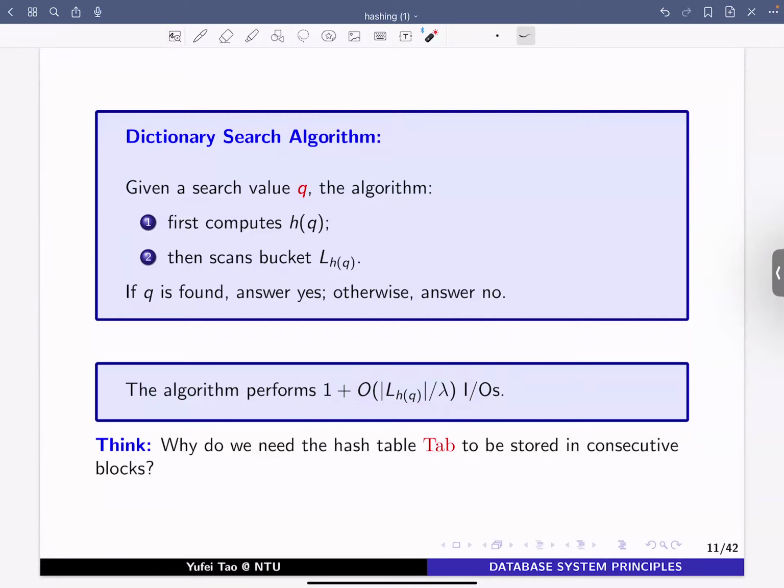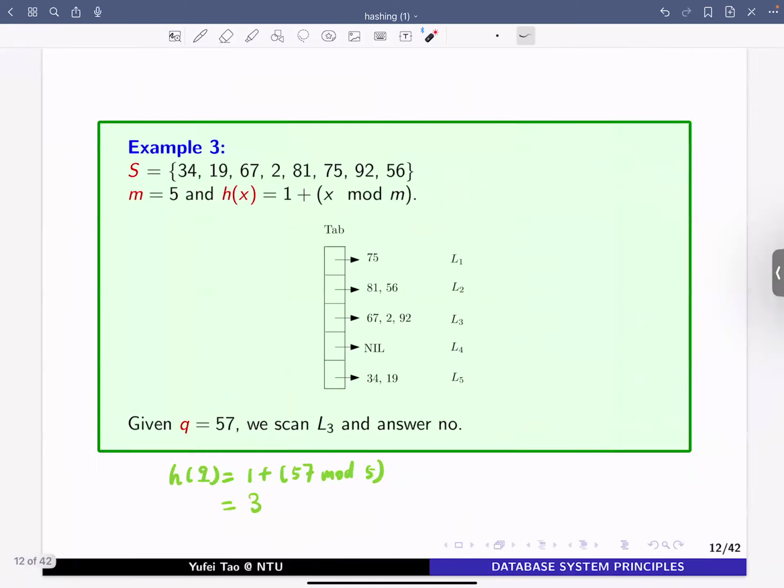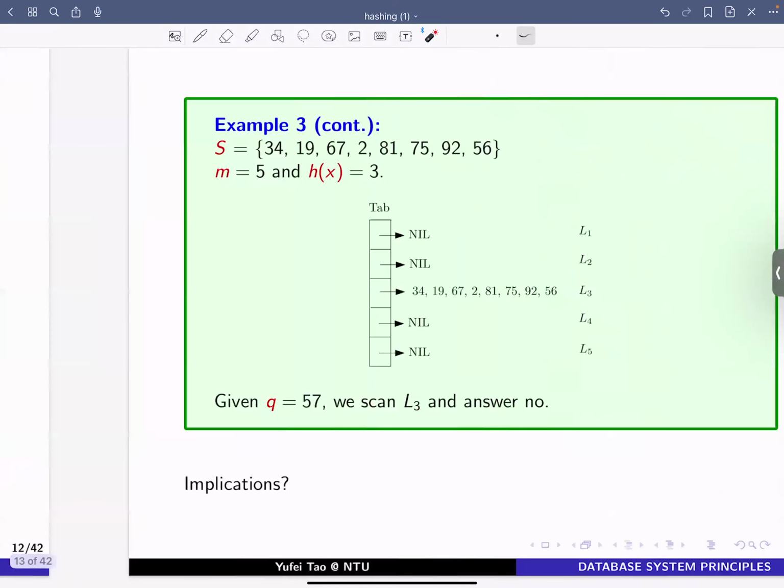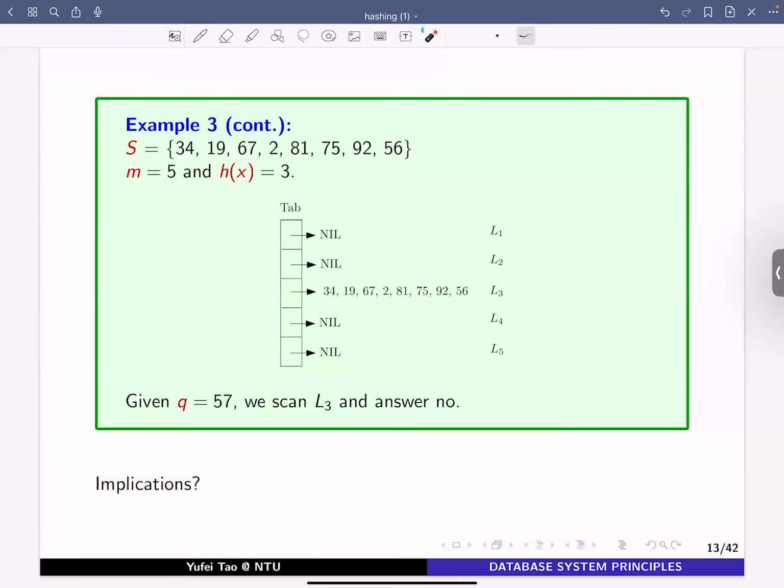Okay. Good. Well, let's look at another interesting example. So in this example, I changed the hash function. So this hash function says, no matter what you give me, regardless of the key, the hash value is always 3. Well, I know this sounds stupid, but you'll see the point that I'm trying to make.